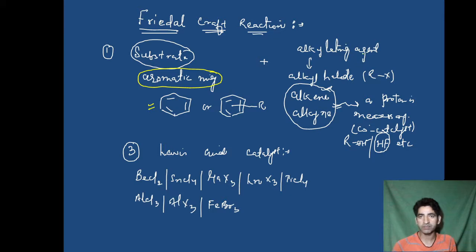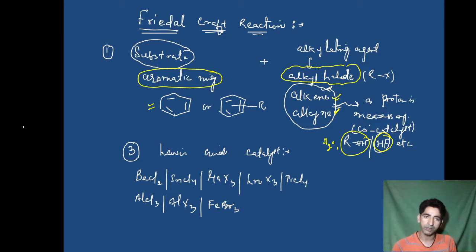Number second, an alkylating agent, which may be an alkyl halide, or an alkene or alcohol. When it's an alkene or alcohol, then we need a co-catalyst, a proton source that can be obtained from water or alcohol or HF.